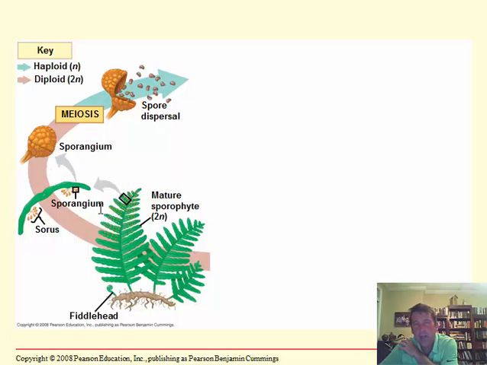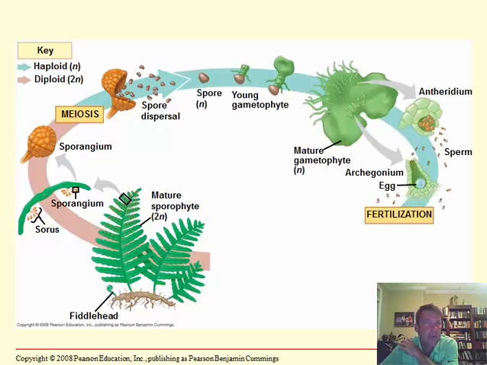The sporangia are located underneath the leaves or fronds of the fern, little structures called sori, or sorus singular. And that is the site where the spores are produced. So the spores are produced and released, again, through meiosis. They can grow into a young gametophyte.